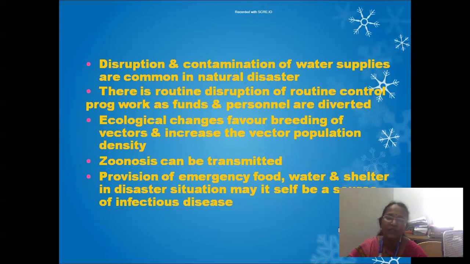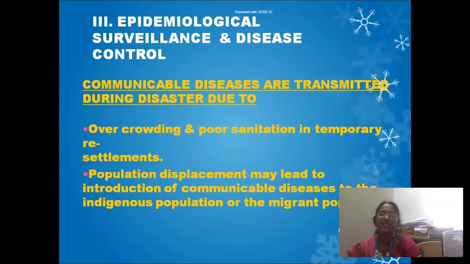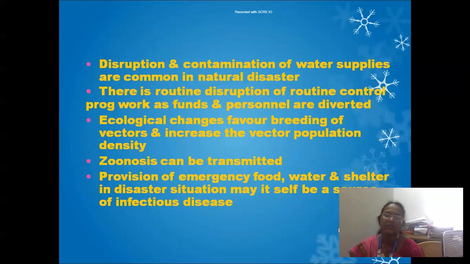Zoonosis, the disease can be transmitted. Provision of emergency food, water, shelter in disaster situation may itself be a source of infectious disease. So there are lots and lots of chances for spreading of communicable diseases during disaster.